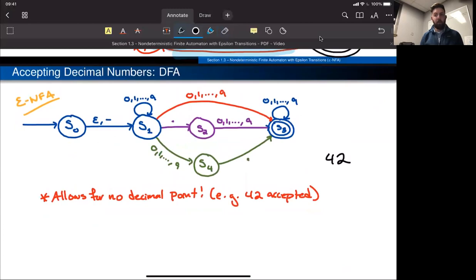And then it would allow for numbers like 42 to be totally fine, in that it would work without ever having to see a decimal point. It would also work with things like negative 42, but the epsilon transition already did that. So you have this kind of three-way trident, I guess, is that you have a decimal with some numbers before, decimal with some numbers afterwards, and then possibly no decimal.